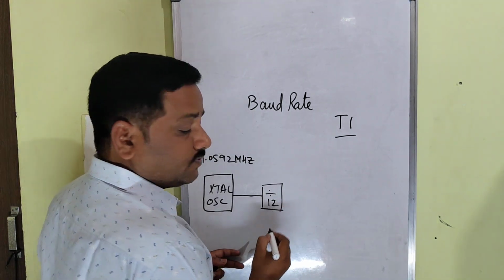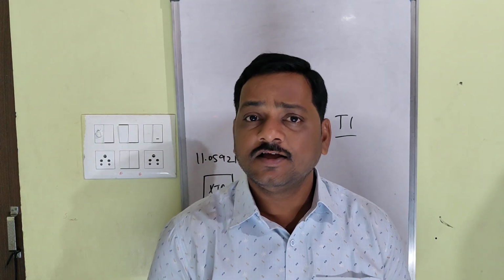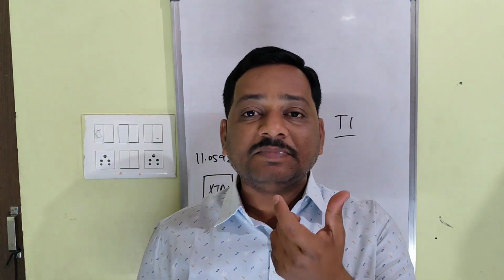When we divide it by 12, we get the frequency of one machine cycle. Here one important thing you need to understand is the machine cycle. One machine cycle is the minimum pulse required to execute an instruction. Let us assume that only one machine cycle is required to execute an instruction. Now we need to find out what the frequency of that machine cycle is.